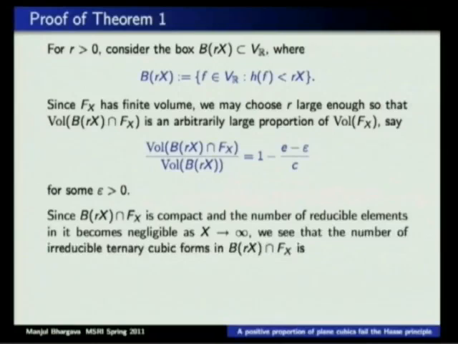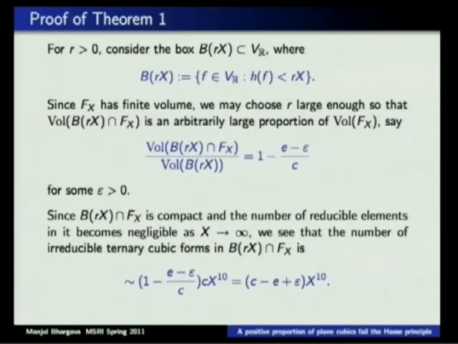And so we see that the number of irreducible ternary cubic forms in the intersection of the fundamental domain with this large box is asymptotically this proportion of the volume times the total volume. So it's c minus e plus epsilon times x to the 10th. So this volume is in a compact region.